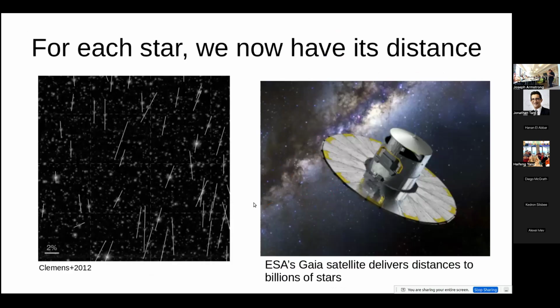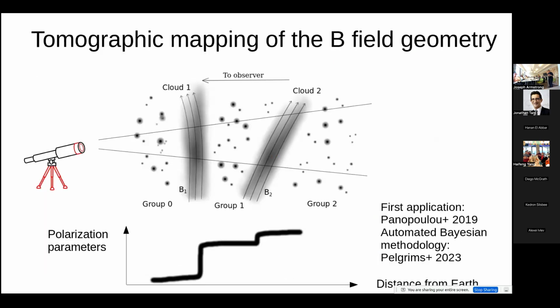But now with Gaia, we have distances to each of these stars. So with parallaxes, we can actually tomographically discriminate which stars are behind which cloud along the sightline. And in a very idealized scenario where you have cold, diffuse clouds along your line of sight, you expect that the polarization parameters that describe the stellar polarization, the Stokes parameters, are piecewise constant functions of the distance.